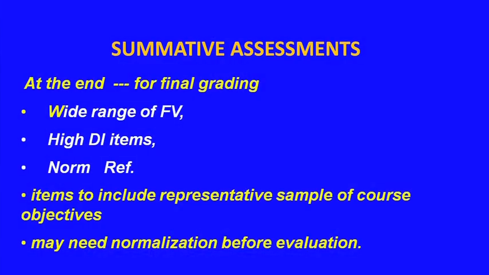So the items should include a wide, representative sample of the course objectives. It may need normalization before evaluation, as we have already said, that it is possible that some teachers have lenient marking, others have difficult marking, so normalization may be necessary at times. We'll look at the remaining part in the next lecture.